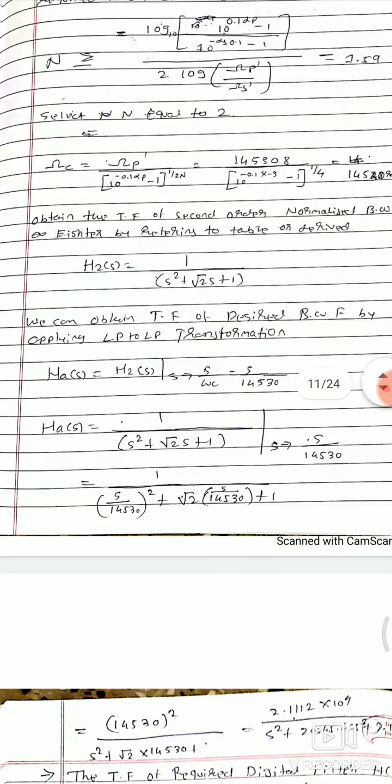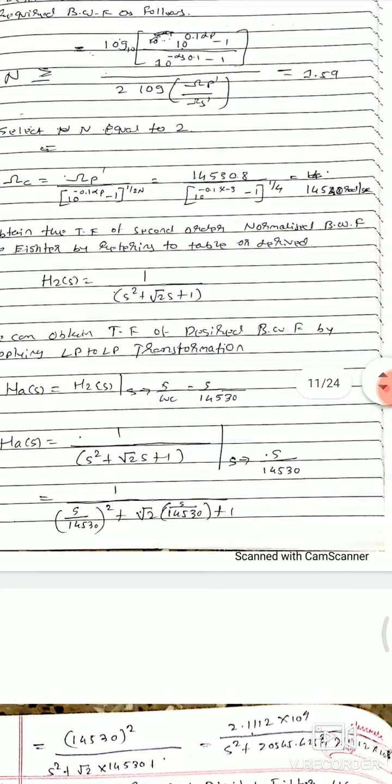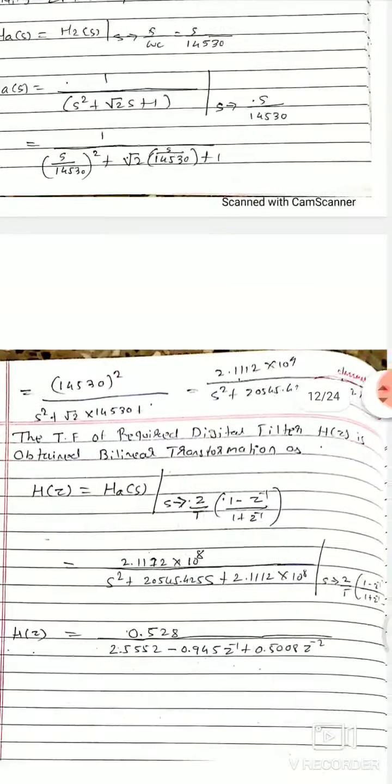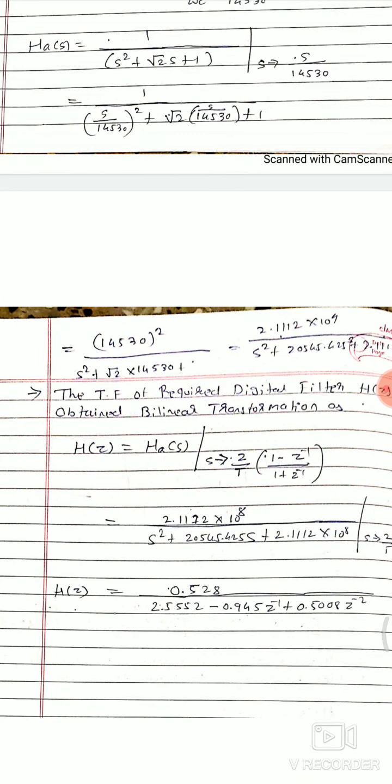Then calculate omega c; the order n is 2, so the normalized second order Butterworth filter is 1/(s² + √2 s + 1). Then replace s by s divided by omega c, the cutoff frequency 1453. Rearrange to get the transfer function, then apply bilinear transformation: replace s by (2/T)(1 - z inverse)/(1 + z inverse), and simplify. You get H(z), the digital filter transfer function.